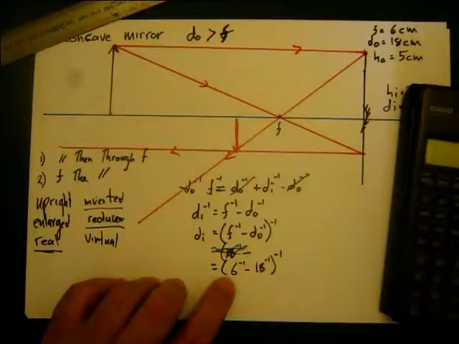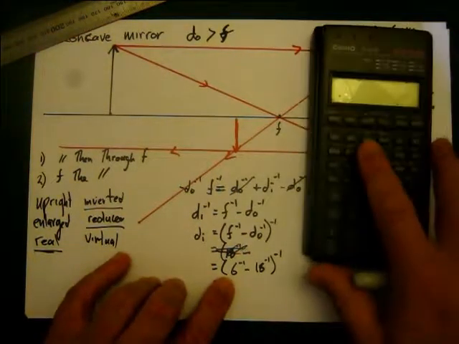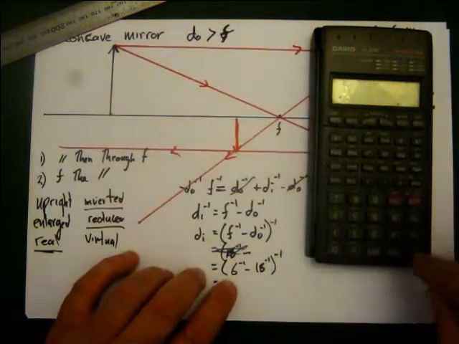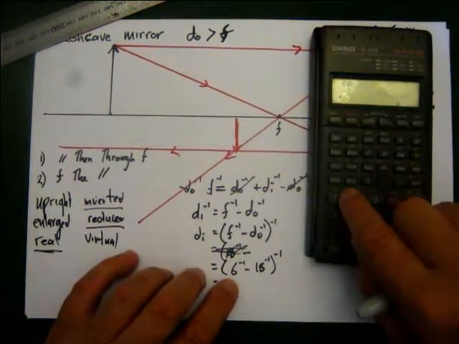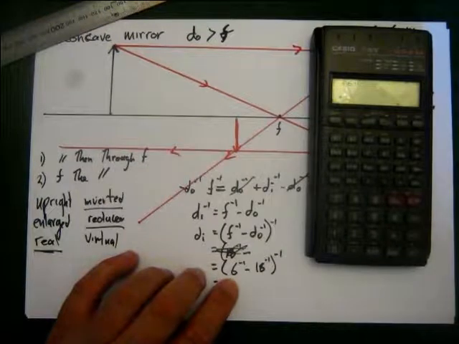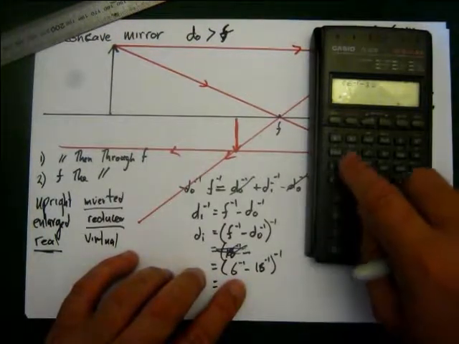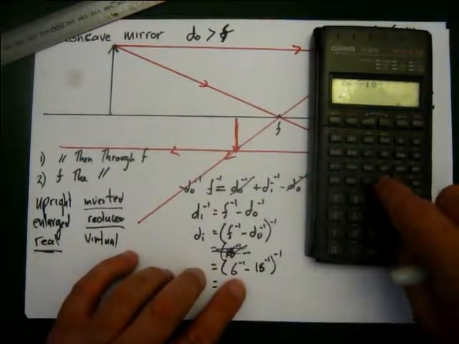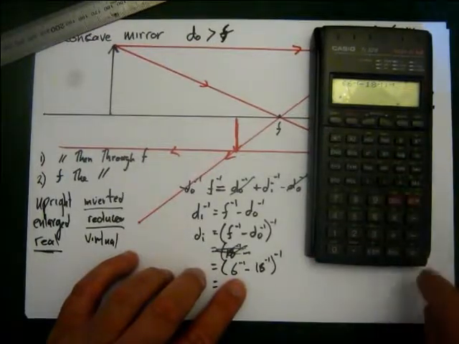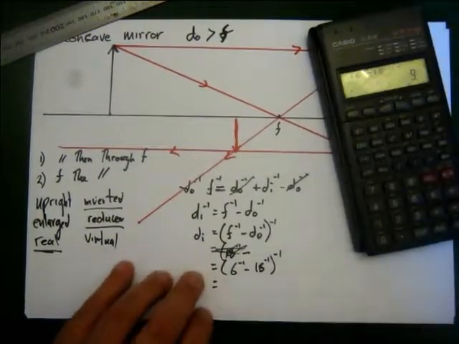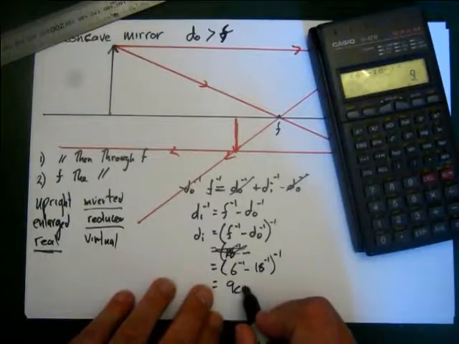If you want to use the brackets, you can go bracket 6, and there's an inverse button on your calculator, 6 inverse minus 18 inverse, close brackets, take the inverse of the whole lot, equals 9 centimetres.